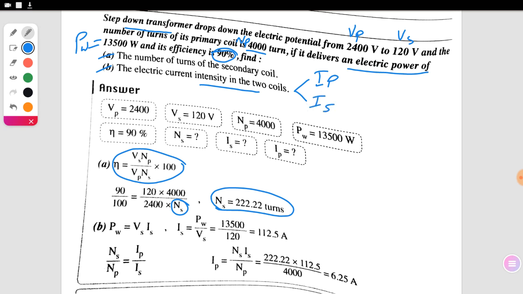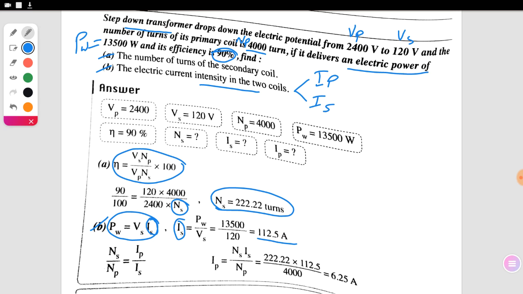Since power equals VI, we can determine the value of Is from this rule: Is equals power over Vs. The power equals 13,500 and Vs equals 120. From this rule, we can determine the value of the current in the secondary coil, which equals 112.5 ampere.